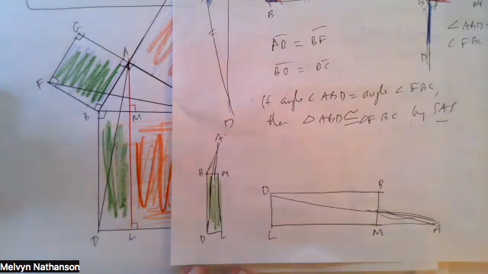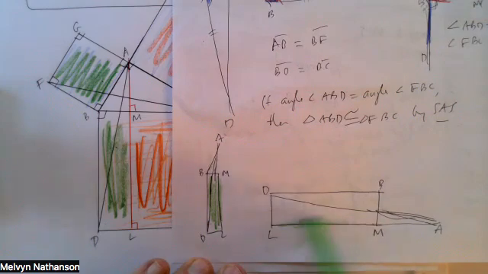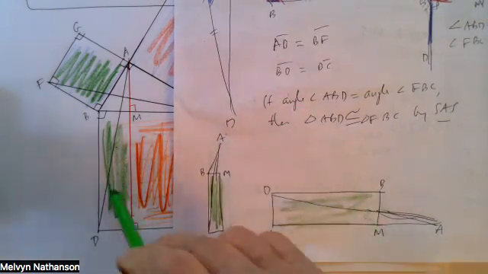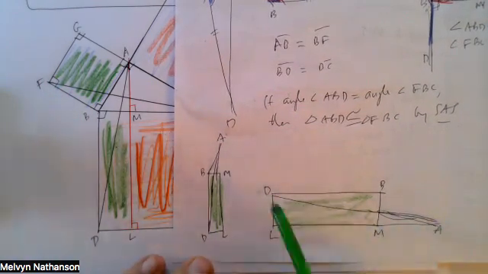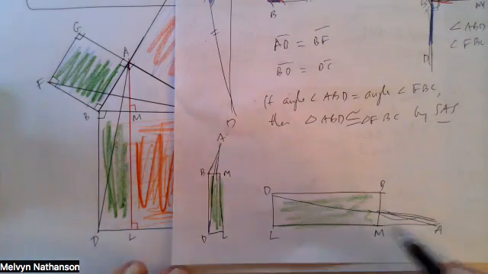So this is all the same picture. I'm just drawing it over and over again. This is this green rectangle. And here, it's kind of sloppy, but this is my triangle.